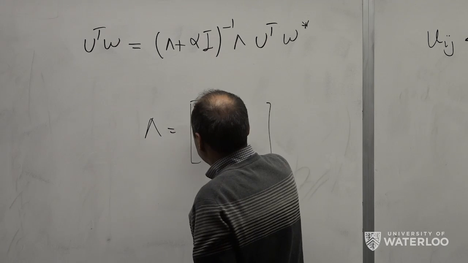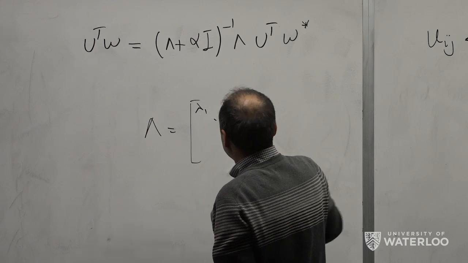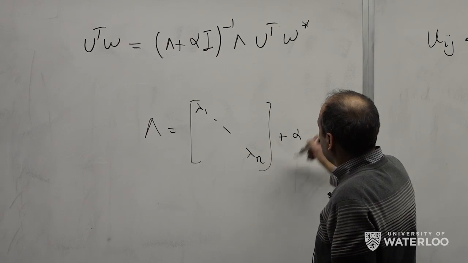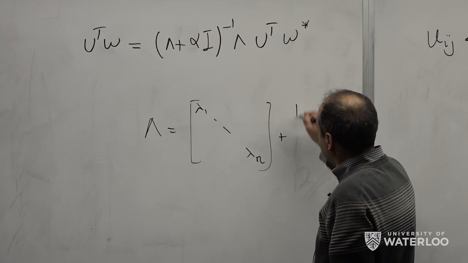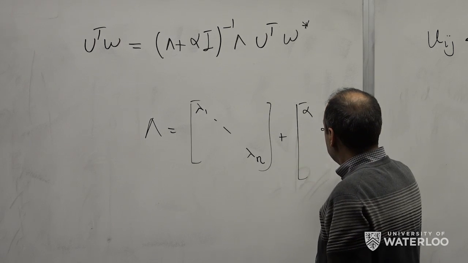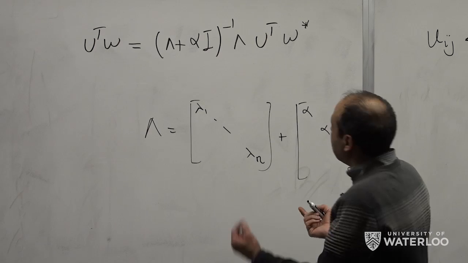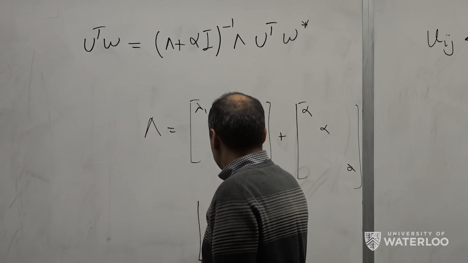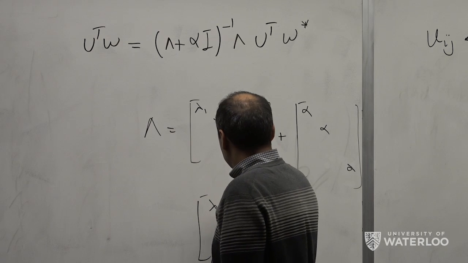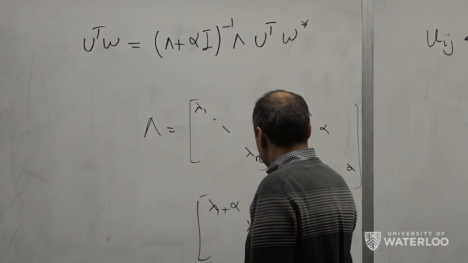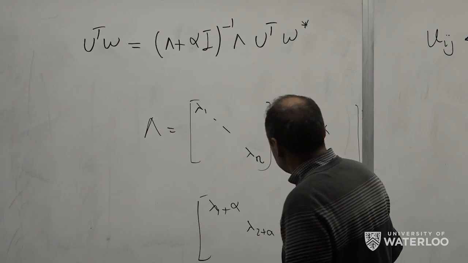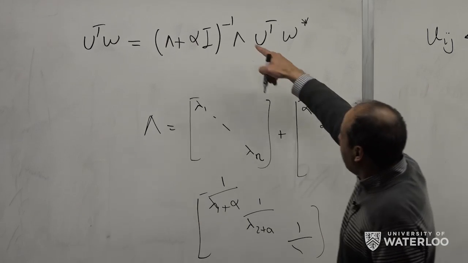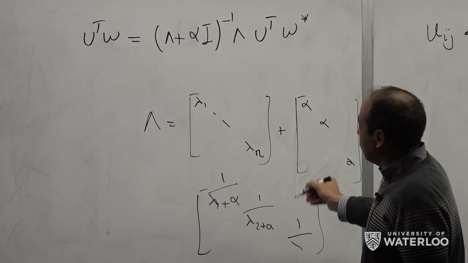It has this form, lambda 1 to lambda n. And you add it with alpha I, so it's going to be alpha, alpha, alpha. And then you take the inverse. So this is going to be lambda 1 plus alpha, lambda 2 plus alpha, and so on. And when you take the inverse, it's 1 over these values, times lambda, which is lambda 1, lambda 2, and so on.